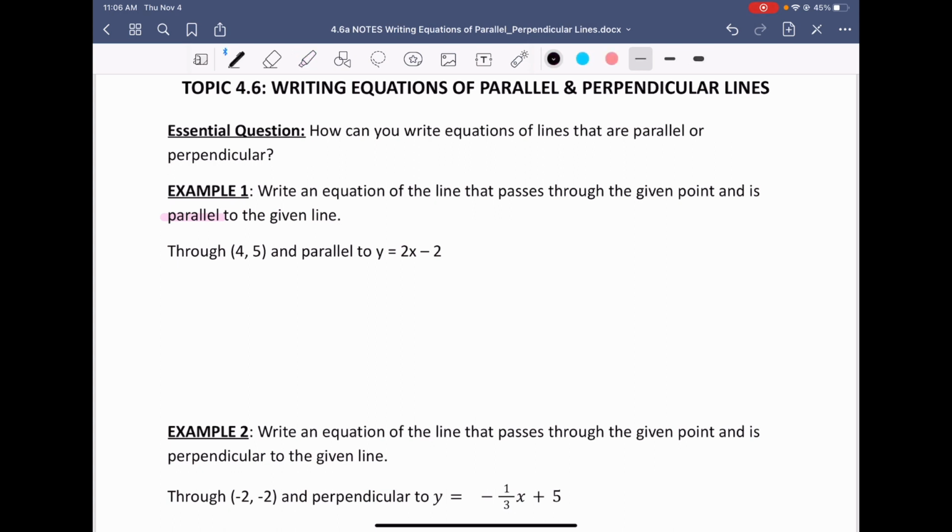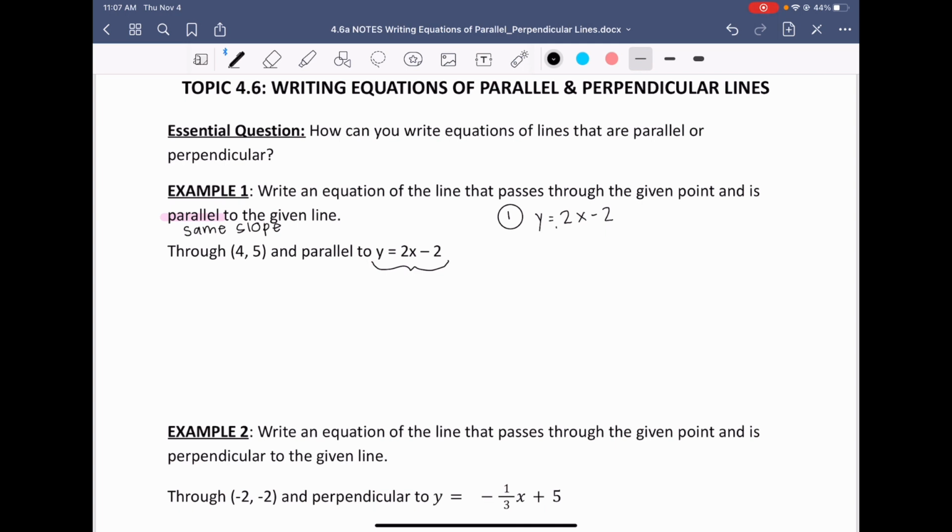Okay, so the first one, because we are finding a parallel line, we are going to use the same slope. It wants it through (4, 5) and parallel to y equals 2x minus 2. So your first step is to take the equation it gives you, which is the original line that's already graphed, and use the slope of this line.